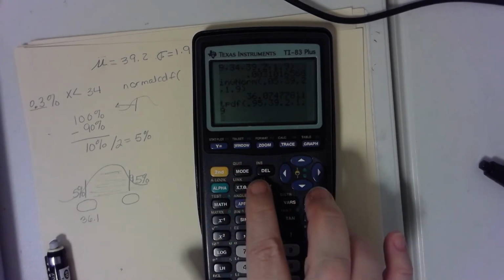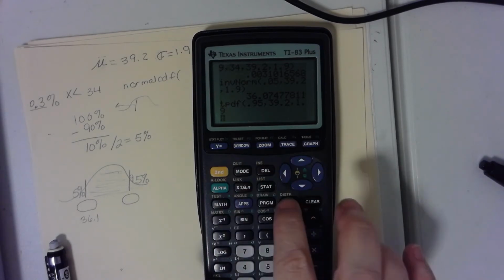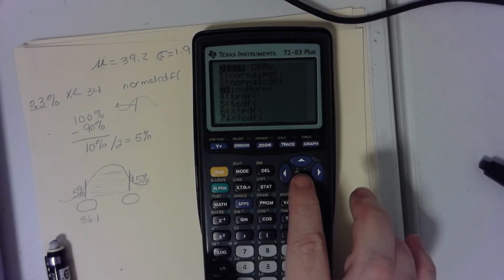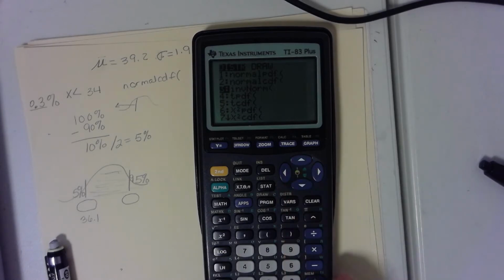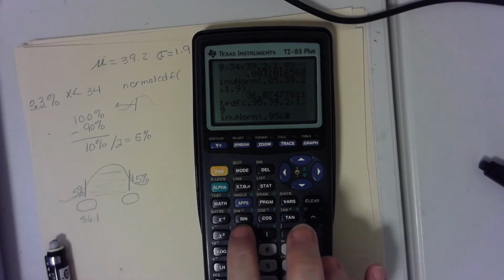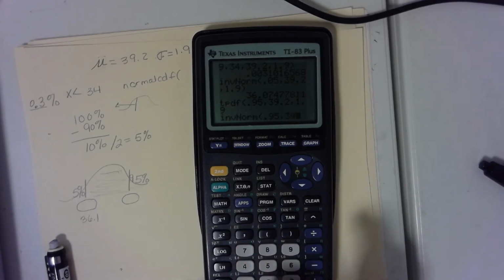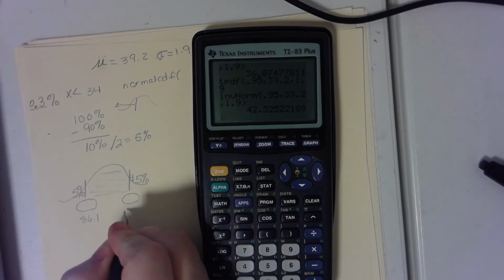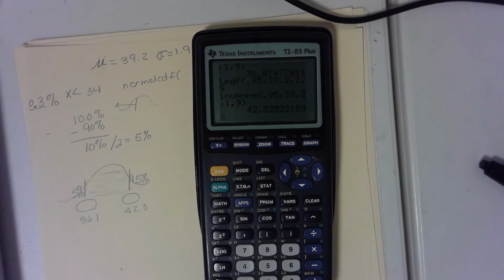Second quit, second vars, inverse norm, oh, I used the wrong one, 0.95, comma, 39.2, comma, 1.9. So my upper is 42.3.